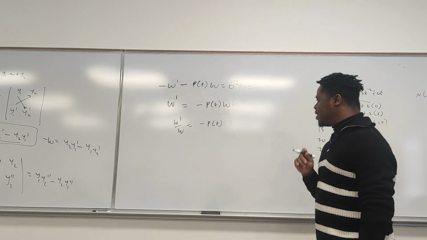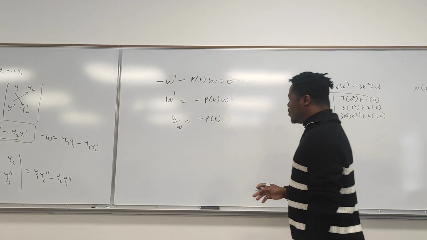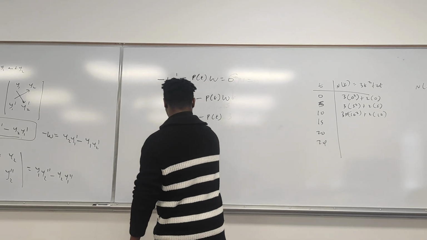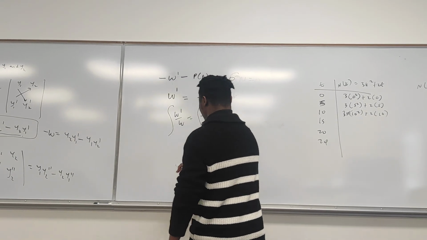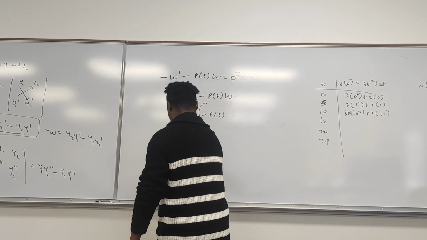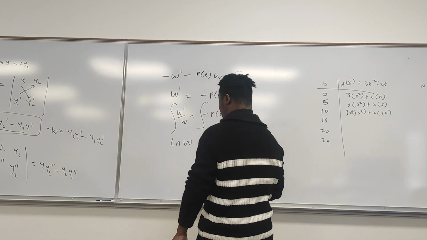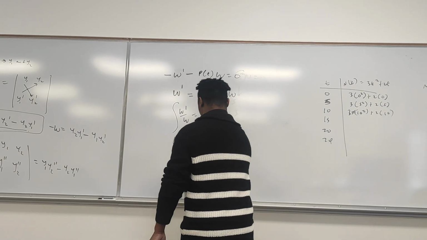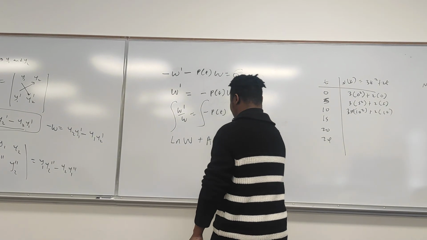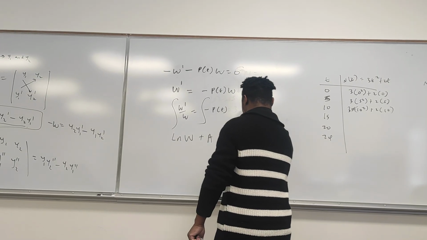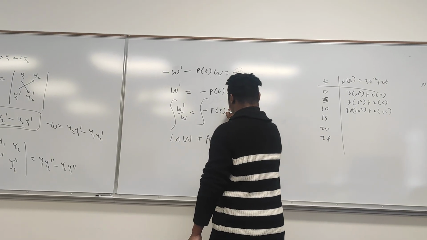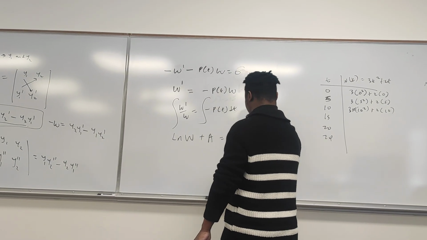So we integrate it, right? If you apply the integral here and you apply the integral here, this becomes ln W. Am I right? Plus, we can call the constant A, the integral of negative P of T dt.